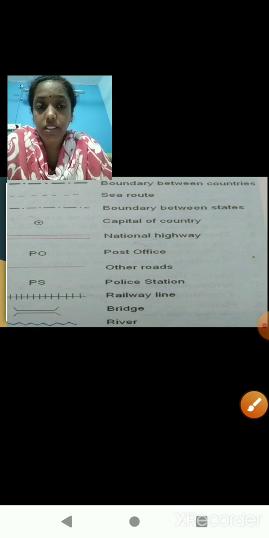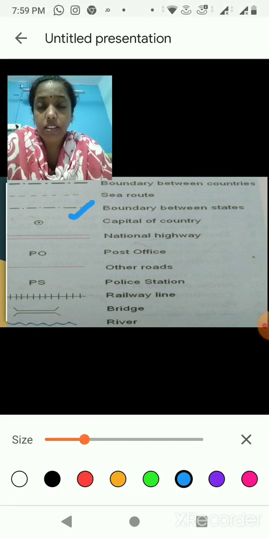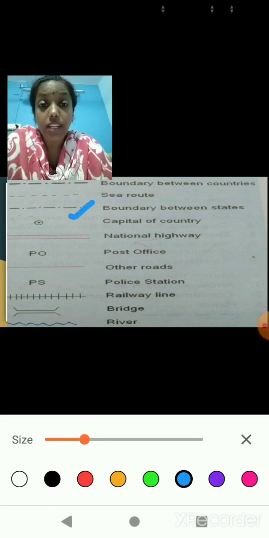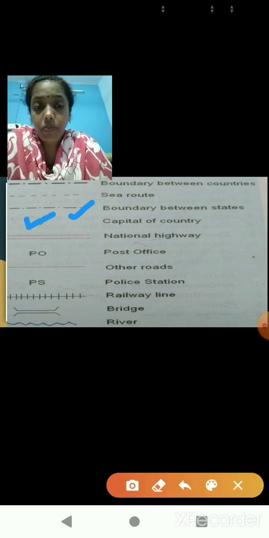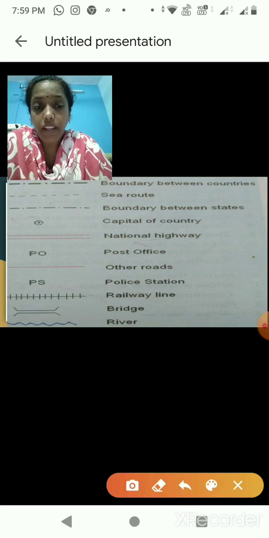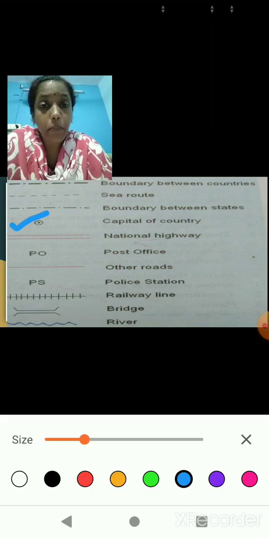Next is this one, boundary between states. Next, capital of country. This is the symbol which shows the national highways.